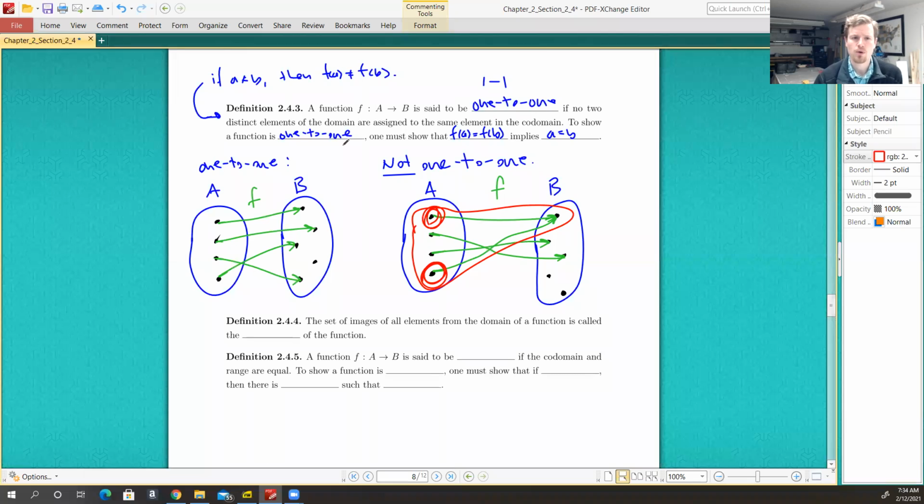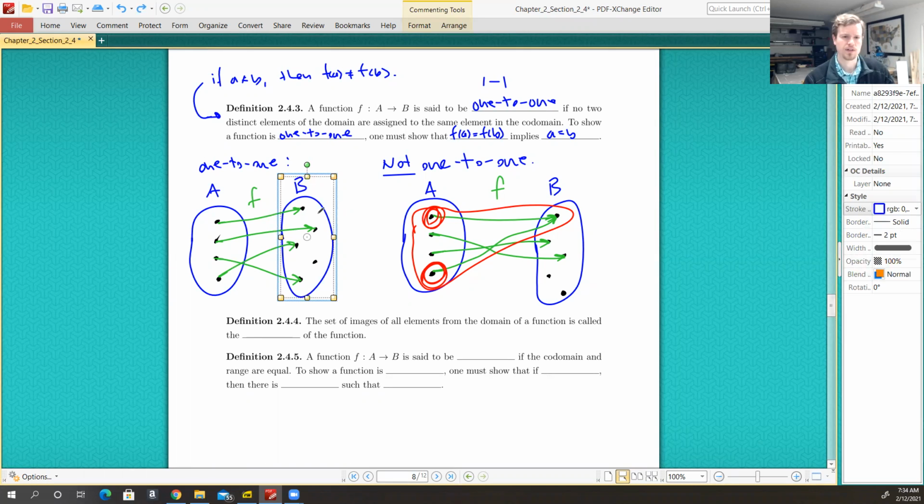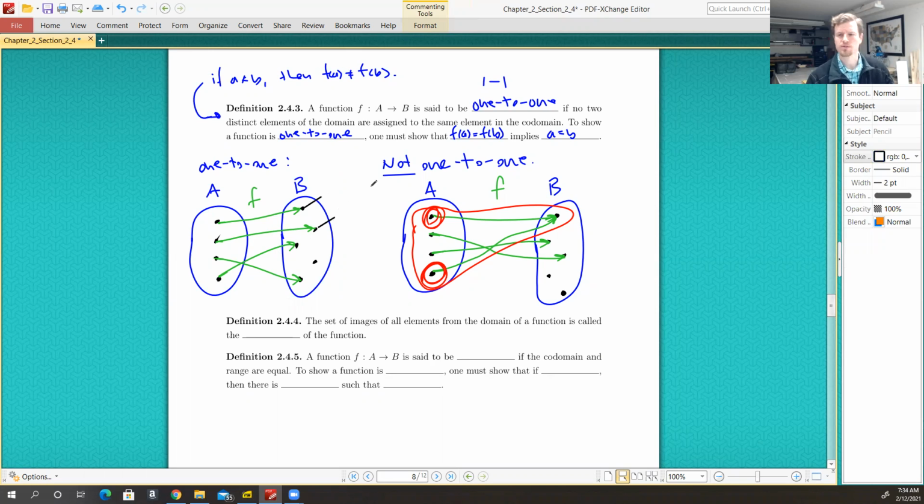And as far as showing what one-to-one is, if we have something that is one-to-one and f of A is equal to f of B, then when we trace it back, we find that A and B are equal to one another.